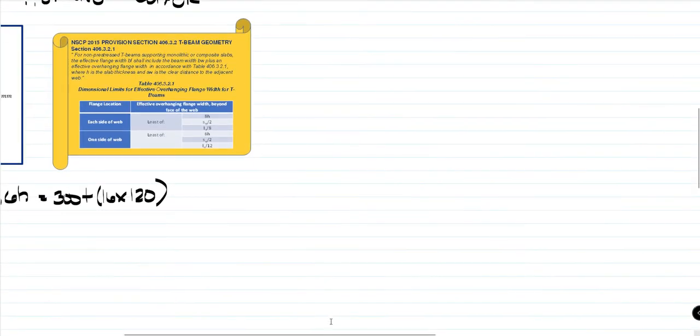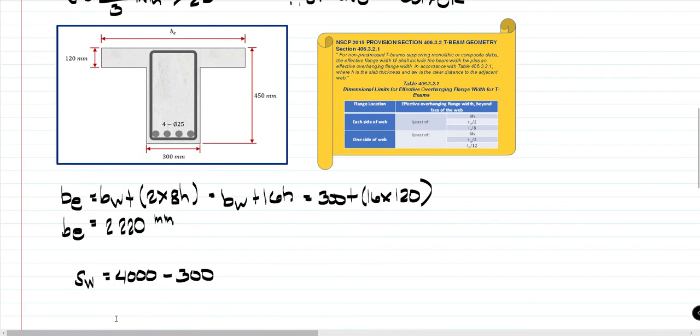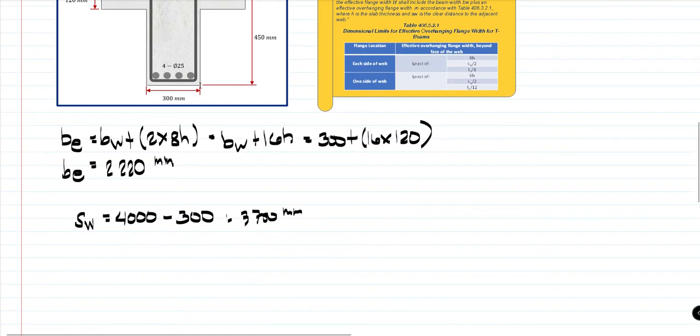So, we can say na SW lang siya. Hindi tayo magkakaroon ng SW sub 1 and SW sub 2. So, we have here 3,700 mm. And from our code provision, we have an effective flange width equivalent to BW plus SW over 2.